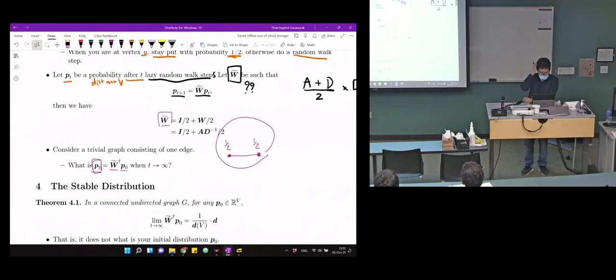Okay, so now the limit exists for this graph, and we're going to show that it actually exists for every graph.